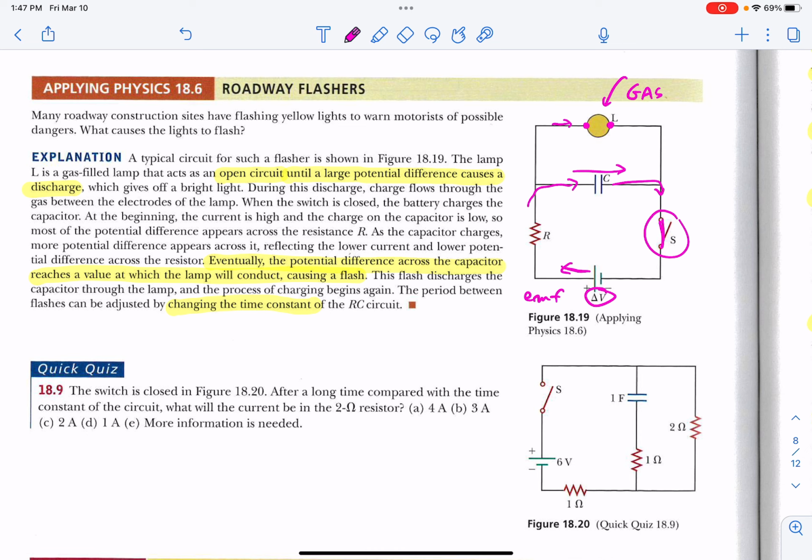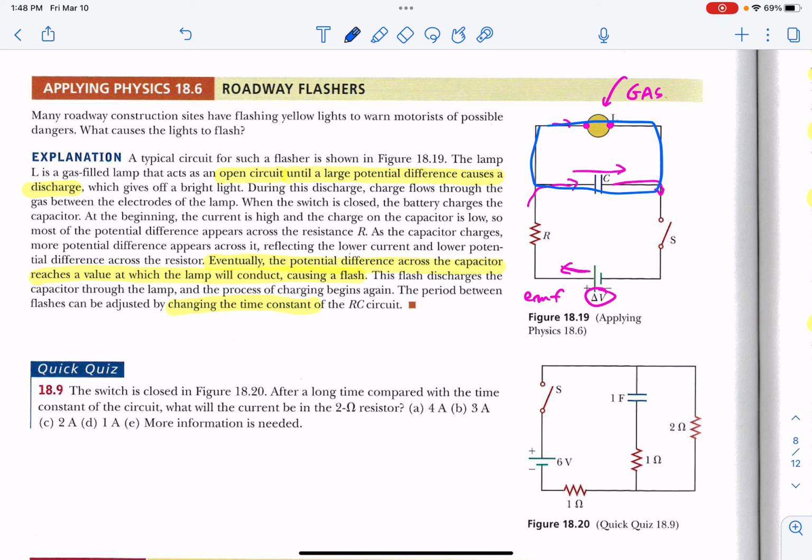Then, when you open up the switch, so I'm going to erase and open up the switch. Now that the switch is open, and I'm going to change colors again, this is the complete part of the circuit.